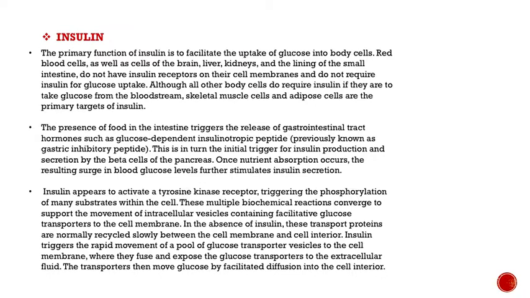In the absence of insulin, these transport proteins are normally recycled slowly between the cell membrane and the cell interior. Insulin triggers the rapid movement of a pool of glucose transporter vesicles to the cell membrane, where they fuse and expose the glucose transporters to the extracellular fluid. The transporters then move glucose by facilitated diffusion into the cell interior.